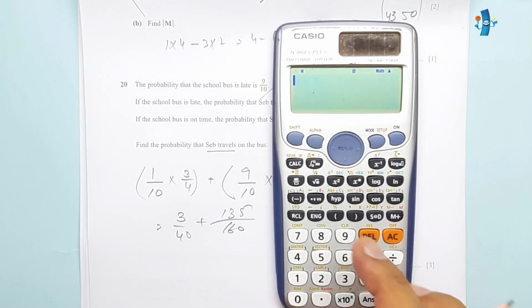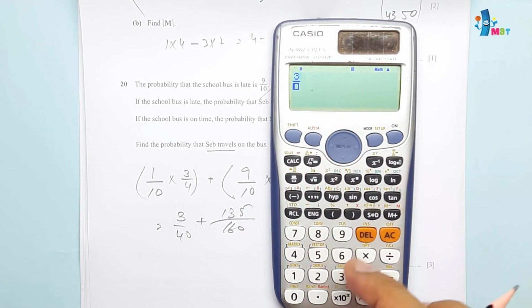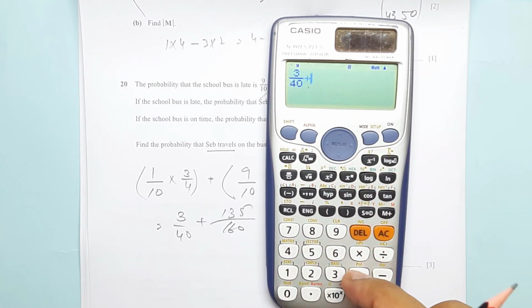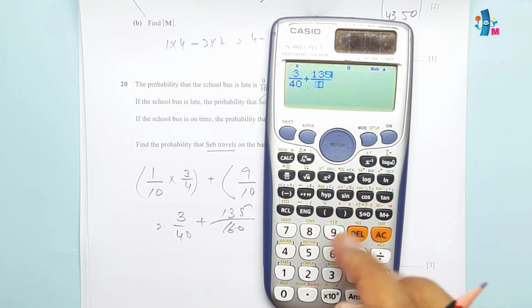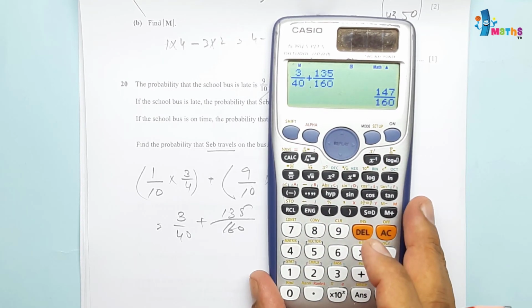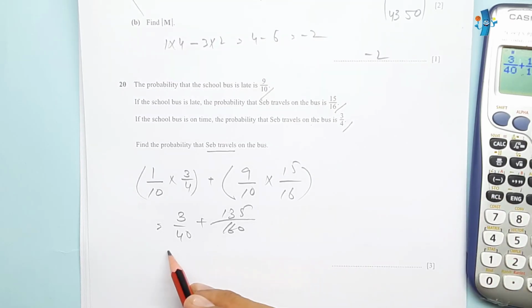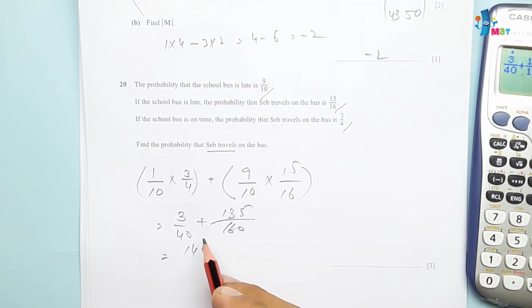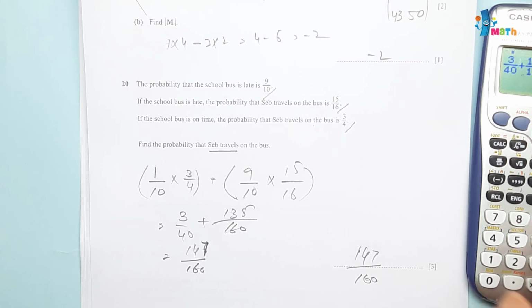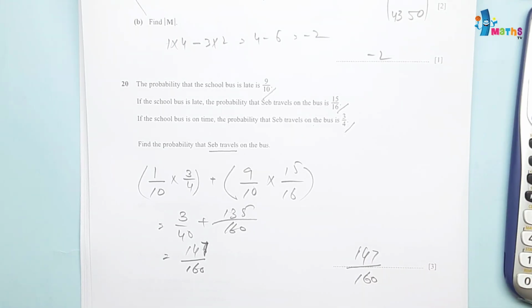So we'll have to add these two fractions, 3 over 40 plus 135 over 160. This will be equal to 147 over 160. This will be our answer.